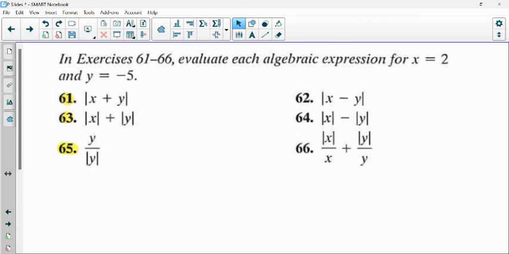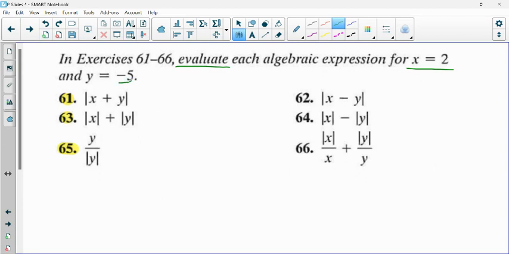In your directions, you can write evaluate x equals 2. And then we have the first one.